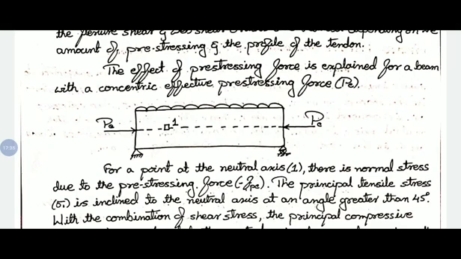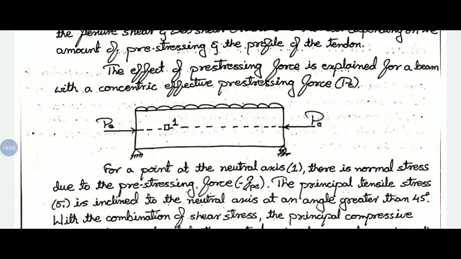When we apply the pre-stressing force, obviously the section will be under compression, so that's why we have considered here a negative force, minus FPE. So element 1 will be under normal stresses. The principal stress sigma 1 is inclined to the neutral axis at an angle greater than 45 degrees. So the angle of sigma 1, the principal tensile stress, is greater than 45 degrees with the combination of shear stress.